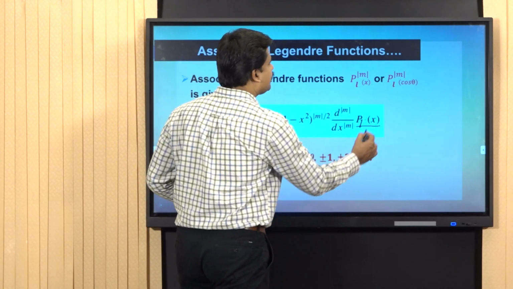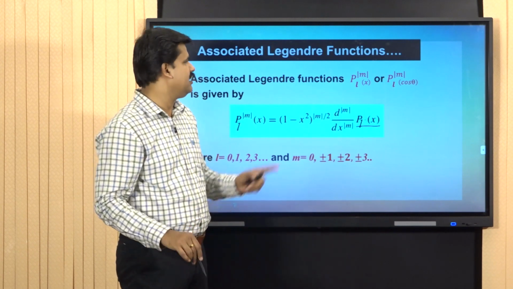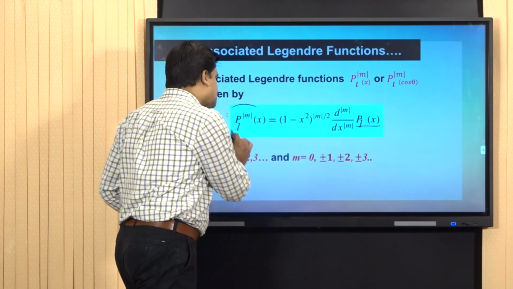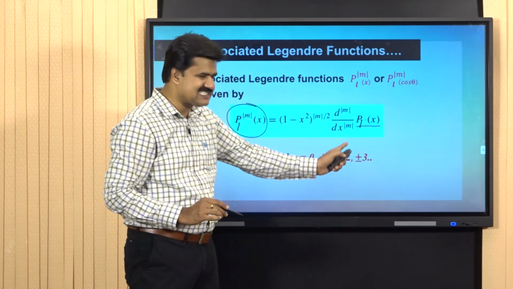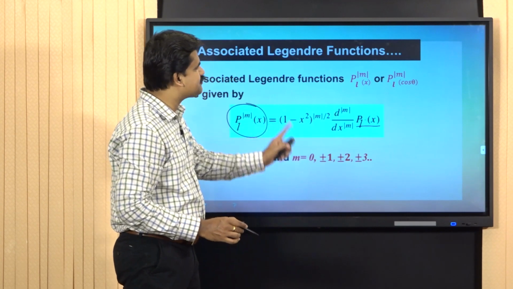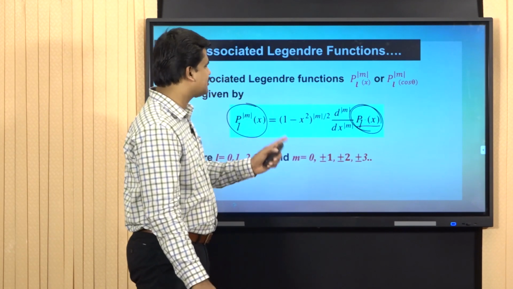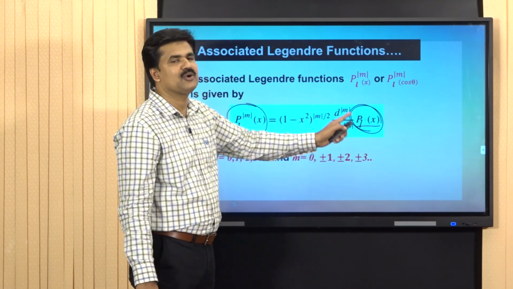We already learned about PL(x). PL(x) is called the Legendre polynomial, and this is the associated Legendre function. So, the associated Legendre function is denoted by this expression, and that expression contains the Legendre polynomial. So, the associated Legendre function consists of the Legendre polynomial also.